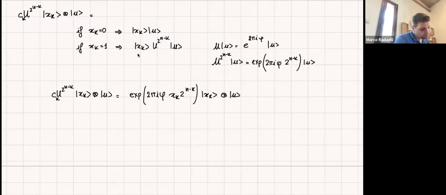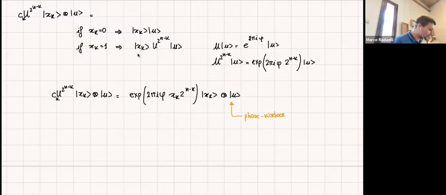This effect, which you may remember from the phase oracle for Grover, is called phase kickback. The idea is I apply something which is controlled in some sense, but the effect happens on the control in the end, and it's related to phases.